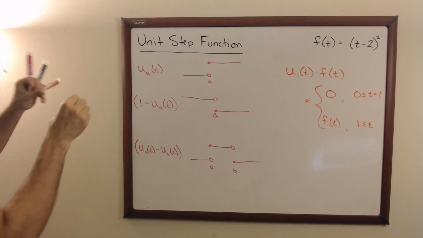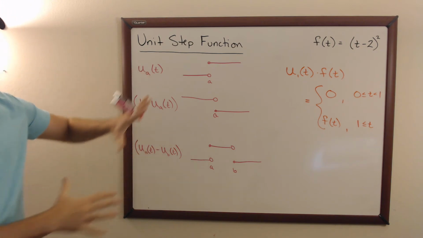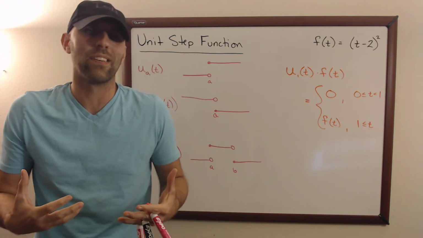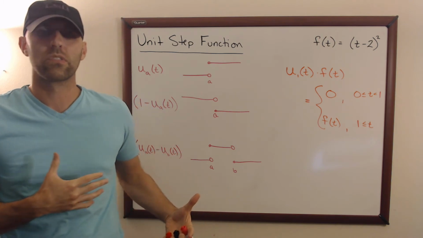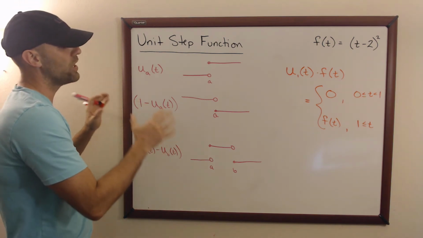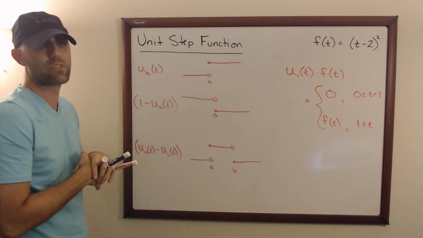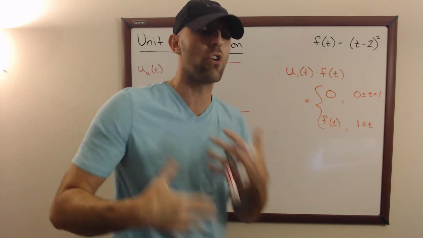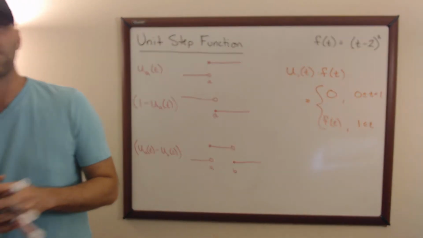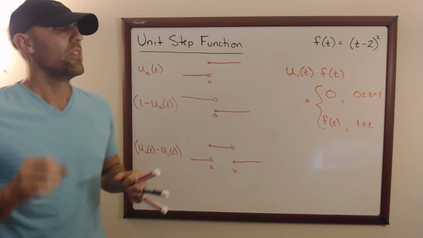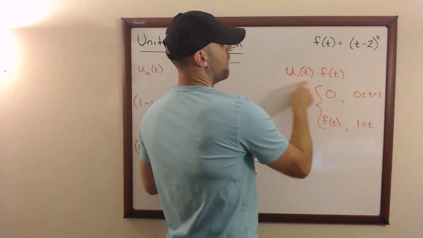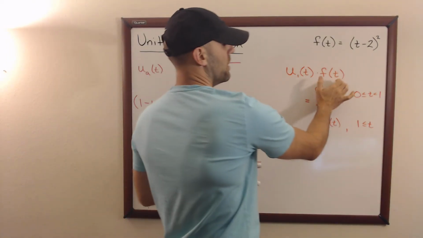So using switches of these 3 forms, I now have a way to rewrite piecewise functions. These give me an alternate notation for piecewise functions. I'm going to do a couple of examples to show you how that works. The good news is there's a very nice formula for the Laplace transform of the product of a unit step function and a normal function.